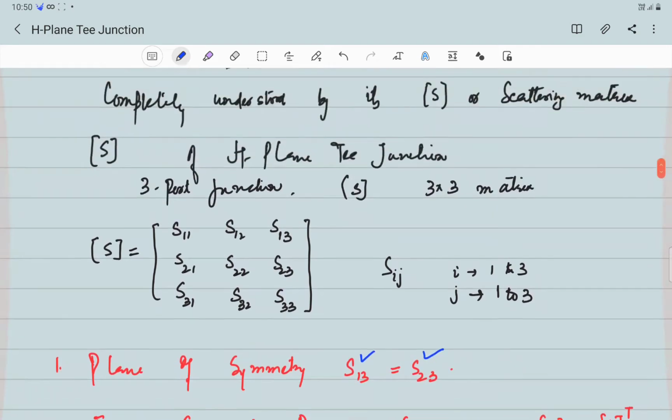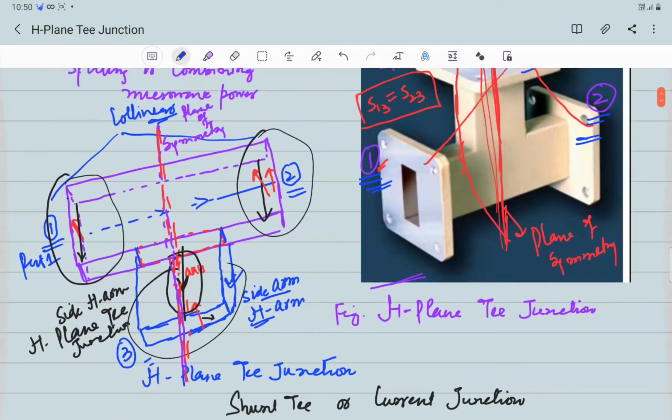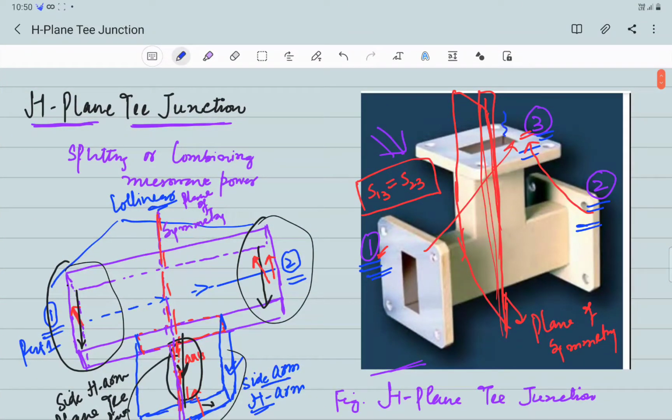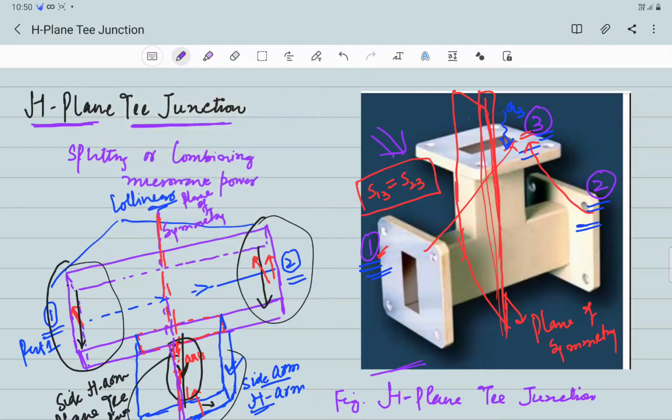If we look at this structure, port 3 being matched would mean if I connect a signal source here, A3 would be the incident wave and B3 would be the reflected wave. S33, as we know, is B3 upon A3. So B3, the reflected wave from the port, would be 0, as this is perfectly matched to the junction. So S33 is 0 upon A3, which is 0.